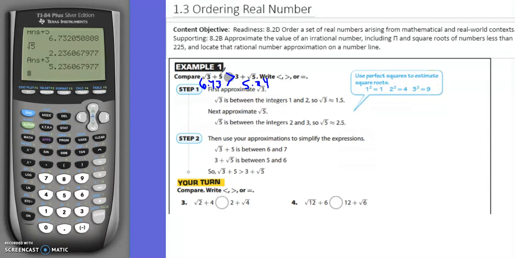Okay. The square root of 2 plus 4. Oh, wait.